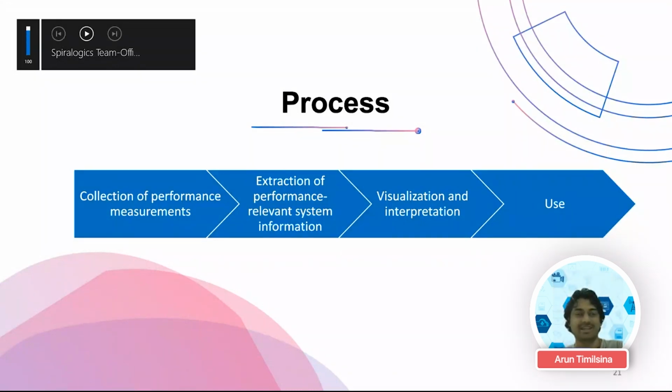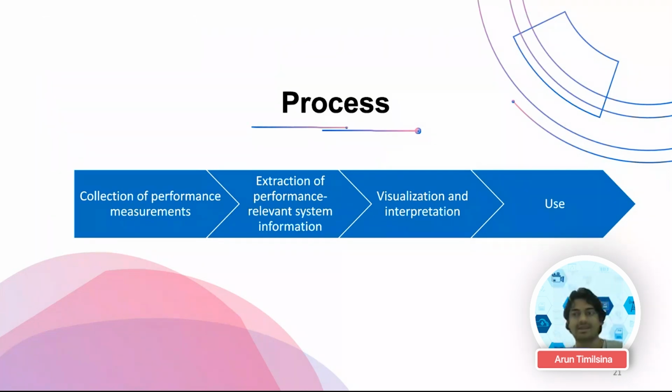I guess I was just speaking at my side. My screen is visible, right? Yep. So where was I before I got disconnected? You are in the process thing, right? Yeah.